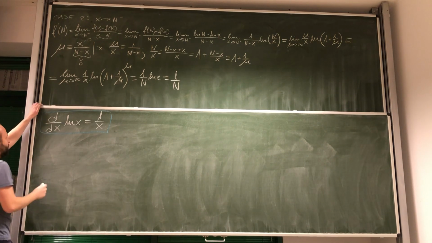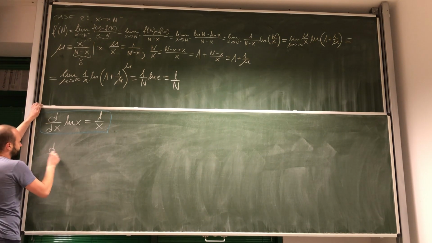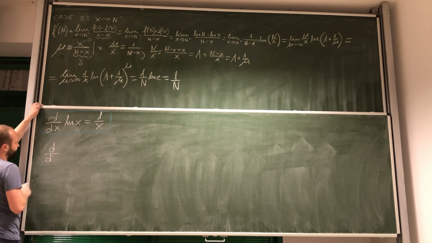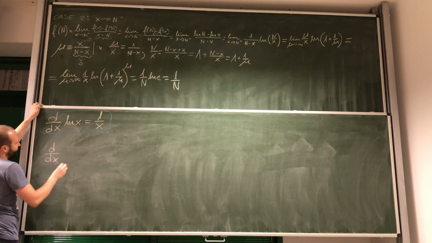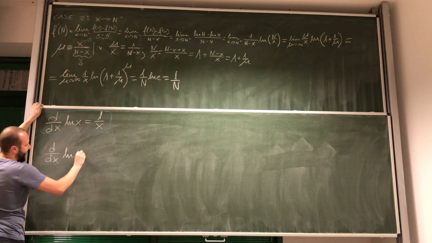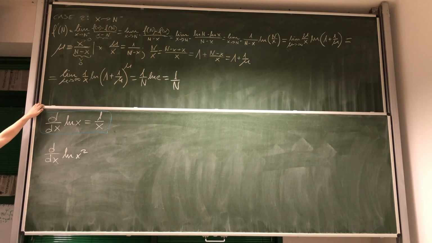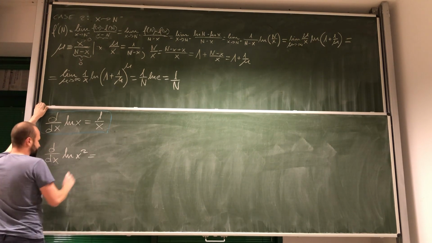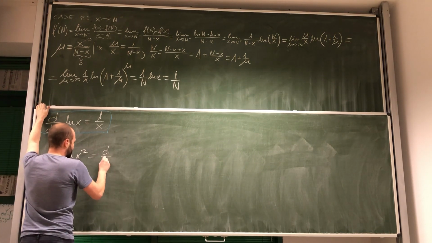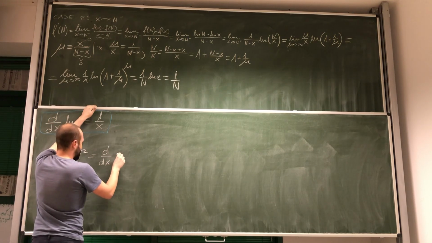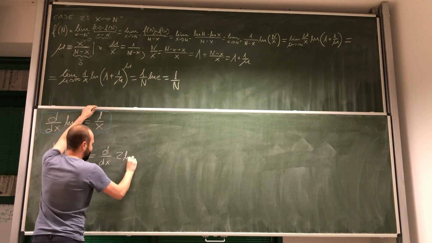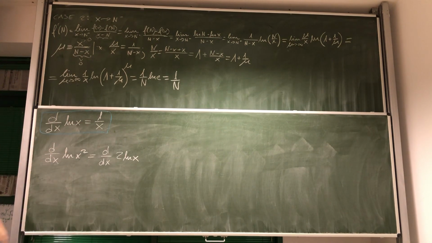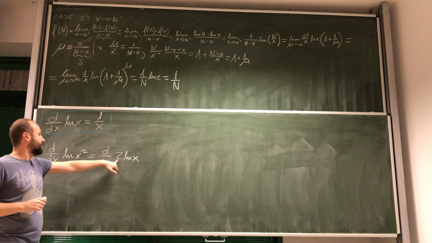For example, what is the derivative of ln x squared? Well, we will have a special rule for more complex cases like that. But look, I can simply write that this is the derivative of 2 ln x. I could deal with this using the product rule, but the derivative of a constant is 0.